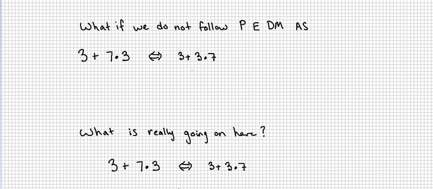Let's see what happens here. 3 plus, now we're going to say 3 plus 7. So we're not following order of operations. We're just going to go left to right. So this is a big no-no. You shouldn't do this. What we're going to do is just add this times this, and we're going to evaluate this little part first.